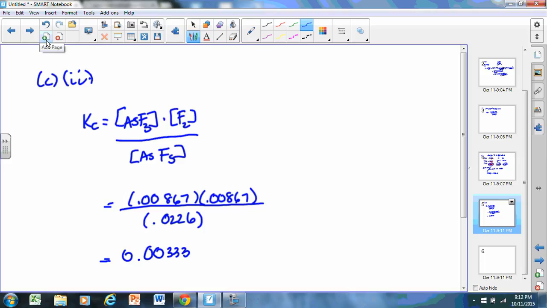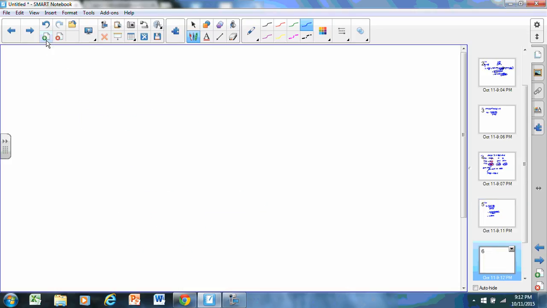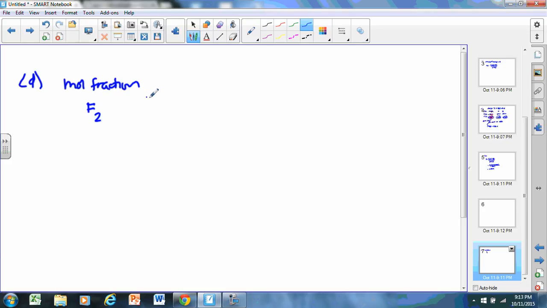Okay, moving right along. Last one. Calculate the mole fraction of the fluorine. There's a number of ways to do this, but you have to realize that in equilibrium, everything's in the same container.